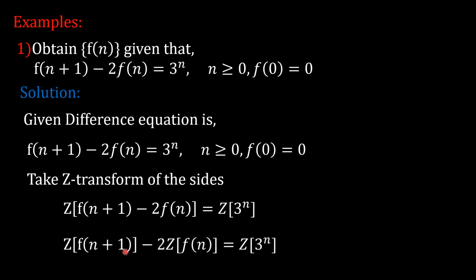That gives us Z transform of f of n plus 1 minus 2 into Z transform of f of n equal to Z transform of 3 raised to n. Now get the Z transform of f of n plus 1, f of n and 3 raised to n using the formulas which we already know.